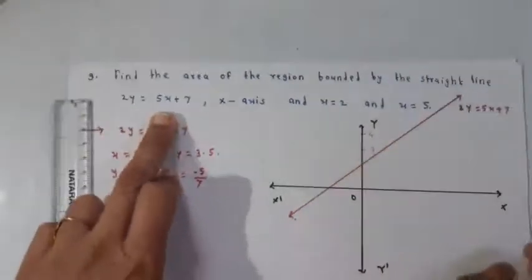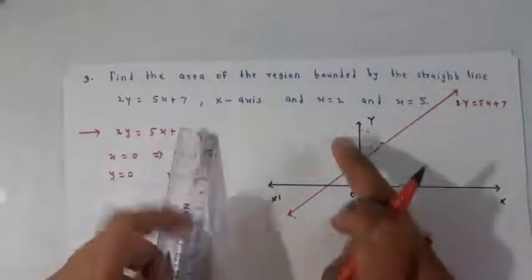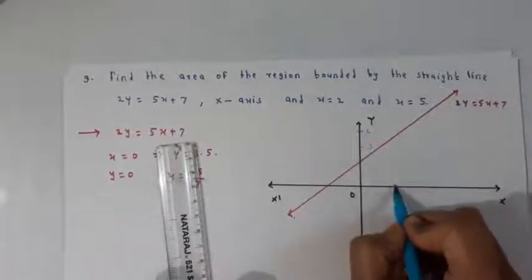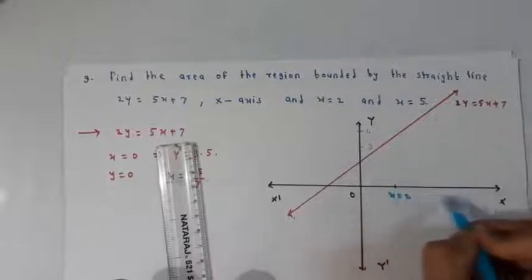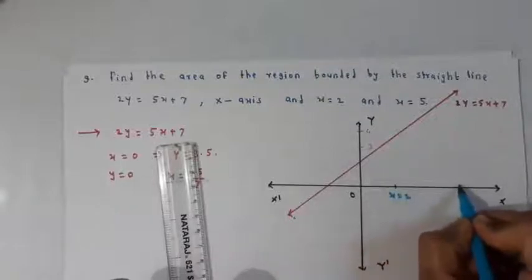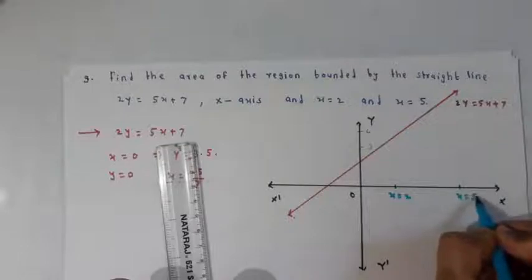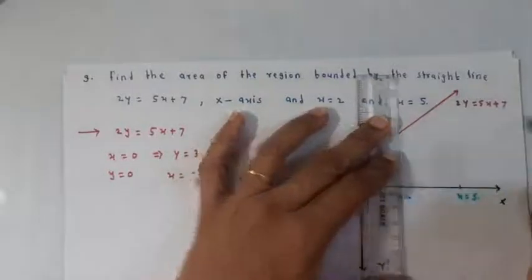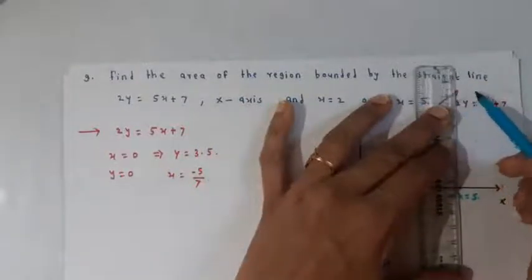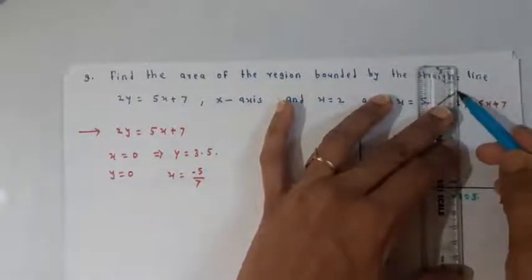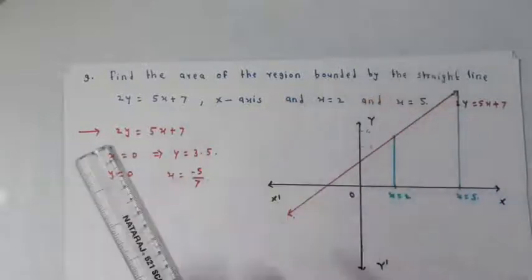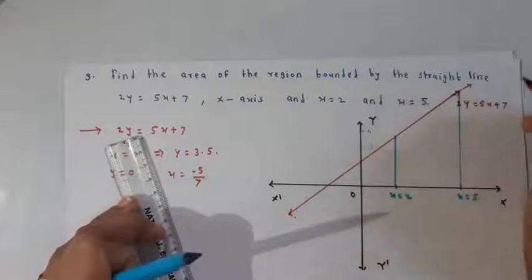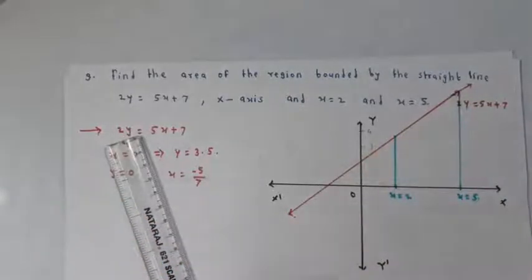Okay, and another line is x equal to 2. Suppose this is x equal to 2 and this is x equal to 5. So the lines are x equal to 2 and x equal to 5, and we have to find out this much area.